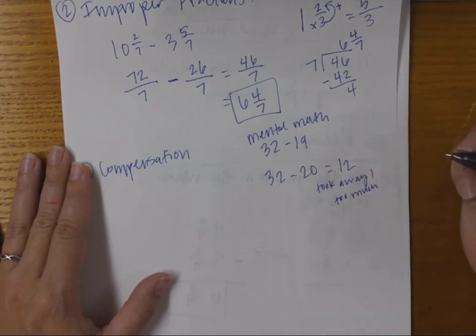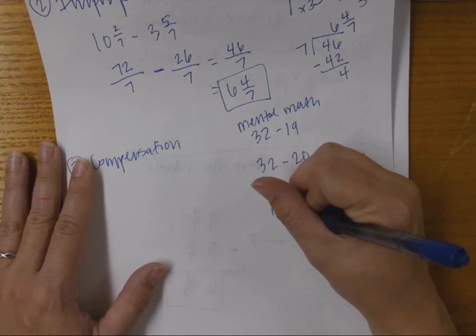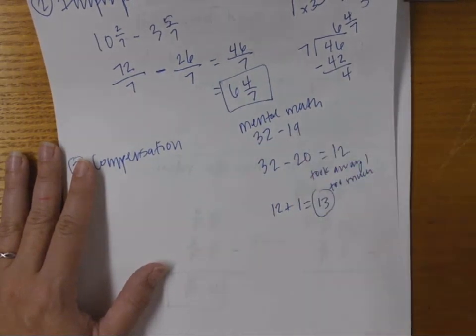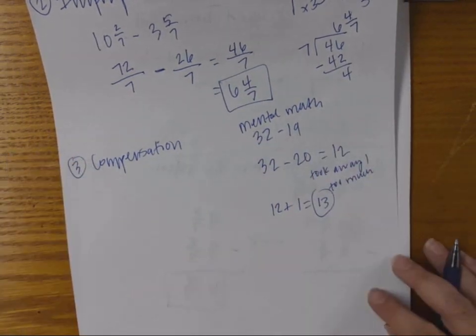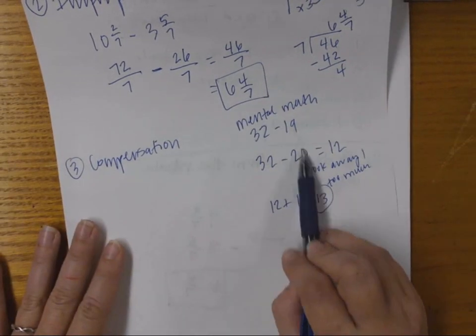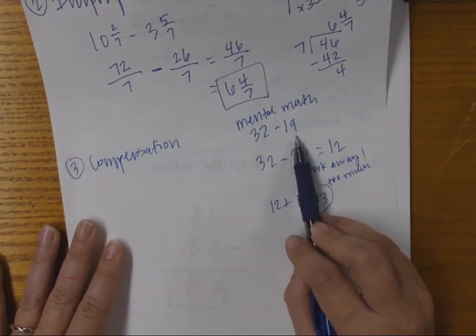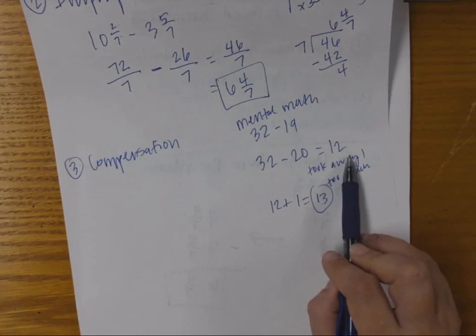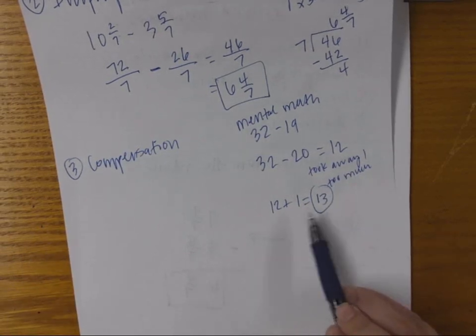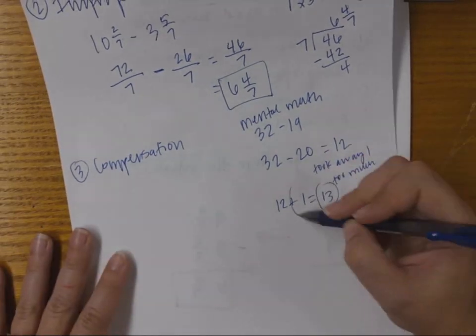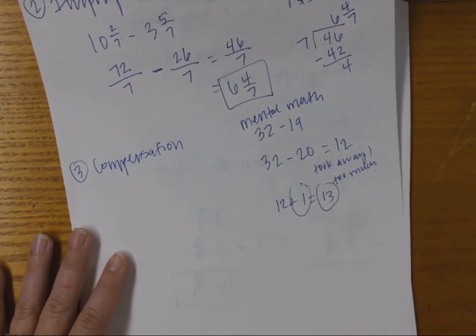So add 1 back in. So then it would be 12 plus 1 is 13. So 32 minus 19 is 13. Again, 20 is an easier number to subtract instead of 19, but it's taking away one extra, so you add one back in. So you're compensating for that one extra one you took out.